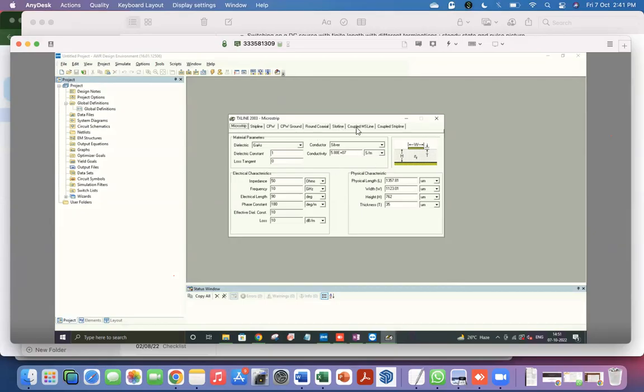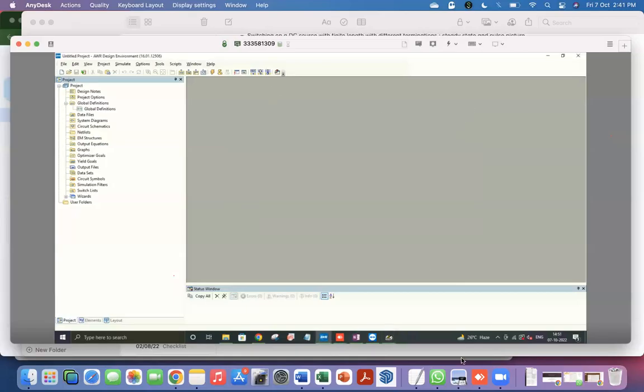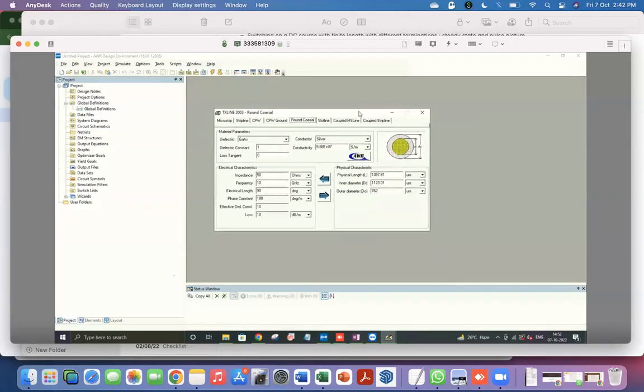So we use the round coaxial tool, and we looked at how the characteristic impedance changes with the inner and outer diameter.